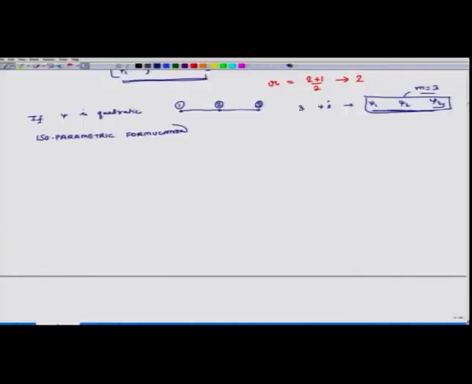So, this means m is equal to 3, and m minus 1 is 2, which is the order of this polynomial expression, which is quadratic. It is important to remember, there is the difference. So, m is 3, so the order is 2 because it is m minus 1. If I have to do isoparametric formulation, m should be same as n. So, m is equal to 3, n is equal to 3, n is same as r.